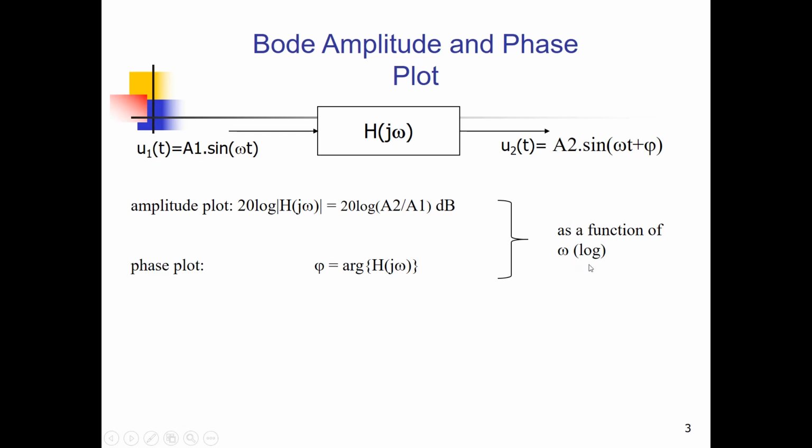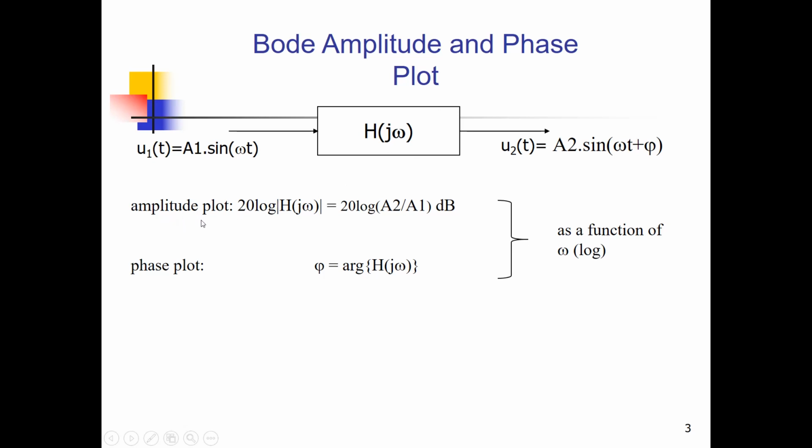We plot that in a logarithmic way, which means that we don't have equal distances between numbers like 1, 2, 3, 4, 5, etc. Instead, the distance between 1 and 10 is equal to the distance between 10 and 100, which is equal to the distance between 100 and 1000, and so on. That is a logarithmic axis. We do that for both the amplitude plot and the phase plot on the horizontal axis. Now let's look at the vertical axes.